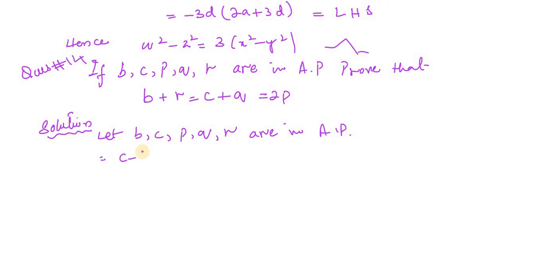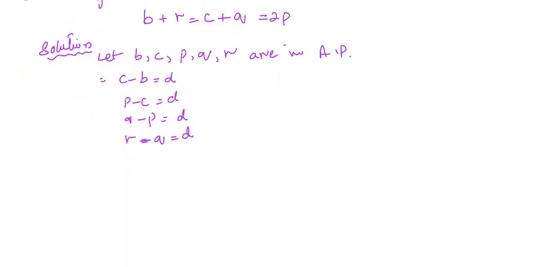So, C minus B is equal to D, and P minus C is equal to D. Similarly, Q minus P is equal to D and R minus Q is equal to D, and all differences are the same. So we say these B, C, P, Q, R are in arithmetic progression.